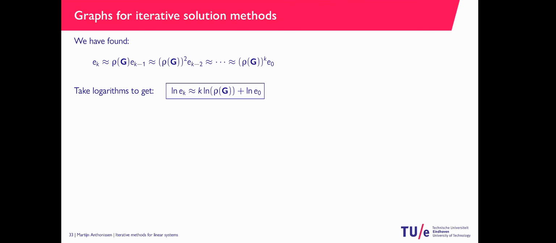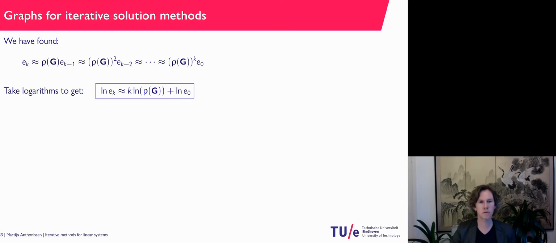So here is basically what we have just found. And let me get myself back into the video. So what we have found is that e_k is approximately the spectral radius to the power k times the initial error e_0. Now if you take logarithms on both sides, you see that the logarithm of e_k is approximately k times the ln of the spectral radius plus the ln of the initial error.